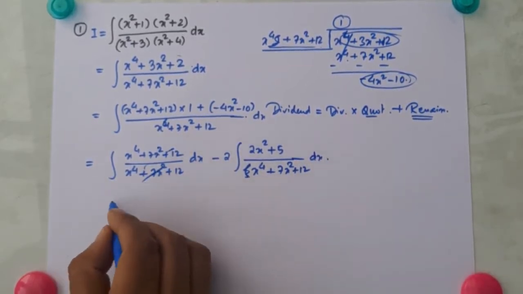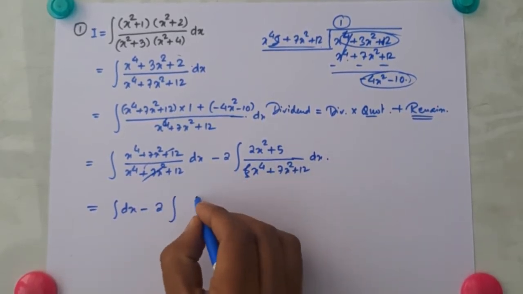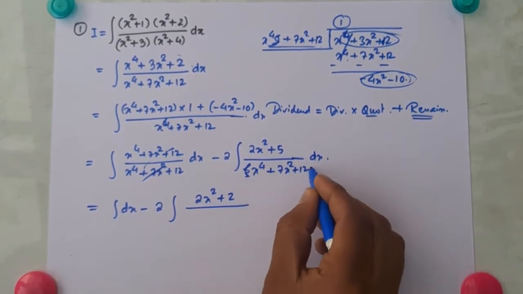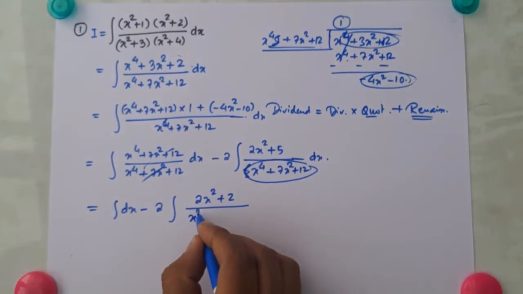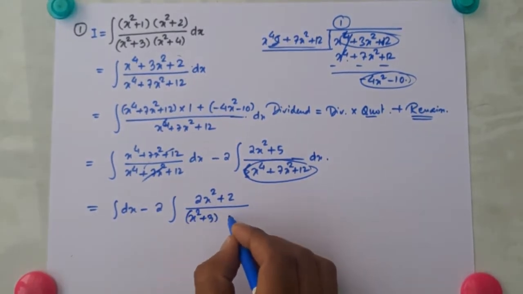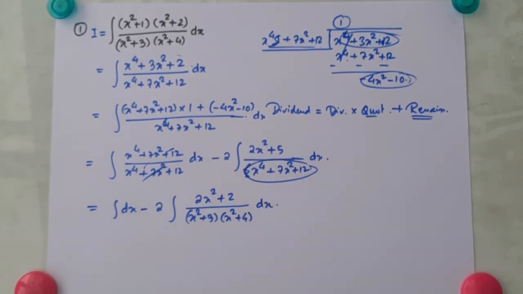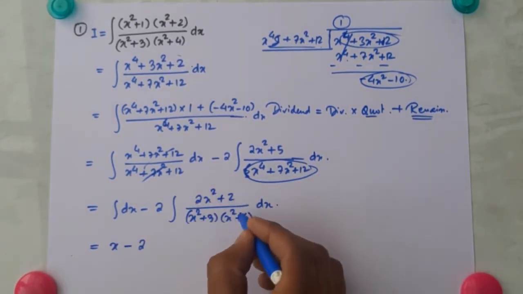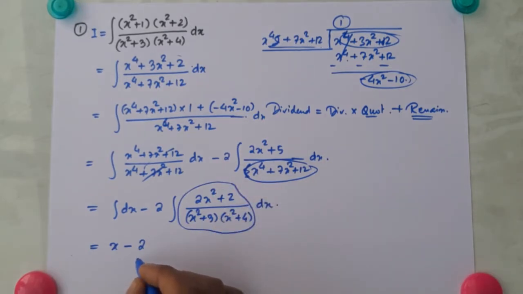These two get cancelled, so you get the integral of dx minus 2. The denominator is x square plus 3 into x square plus 4 dx. Now, as you all know, the integral of dx is x, minus 2 times this. Here you can apply integration using partial fractions.